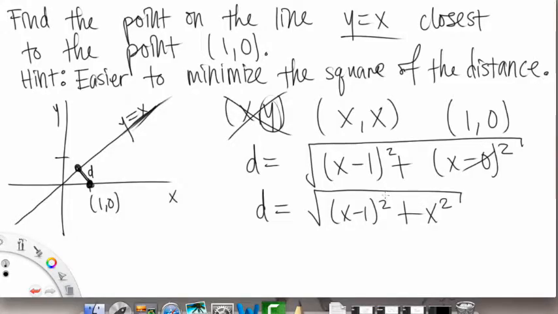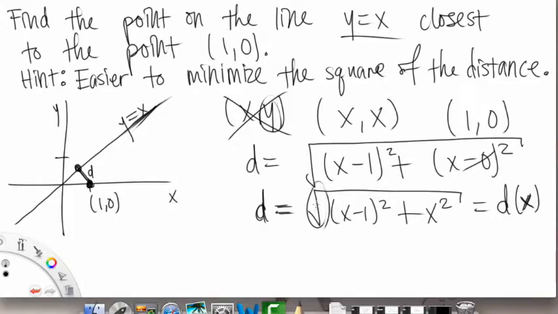At this point, this is where our hint comes in. Distance is now a function just of x, so this is like our d of x. If we try to minimize this, we'd have to take the derivative, which involves this annoying square root.